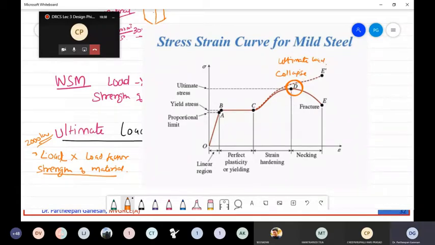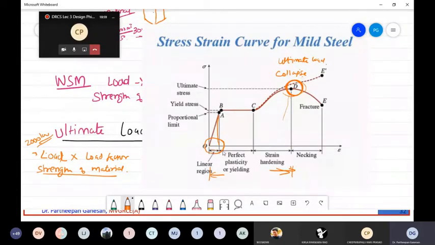See, in a working stress method, your maximum deflection or strain will not go beyond this. This much only will be the strain. But in ultimate load method, the elongation or contraction or the strain in the material will be this much, because you are analyzing the structure for ultimate load up to here.